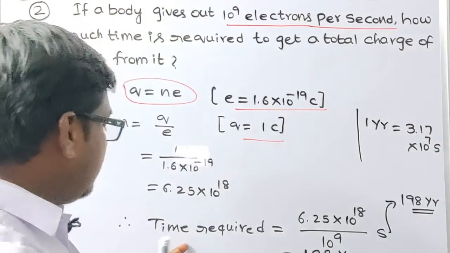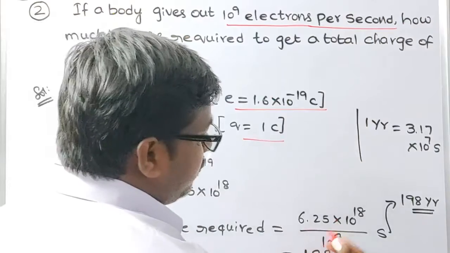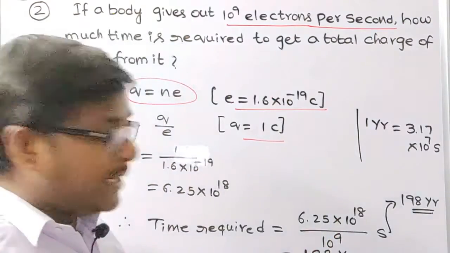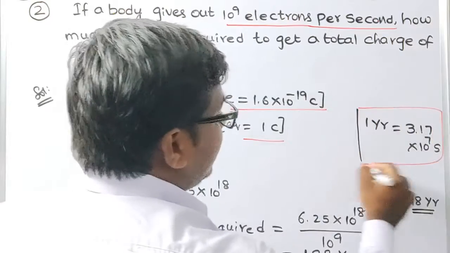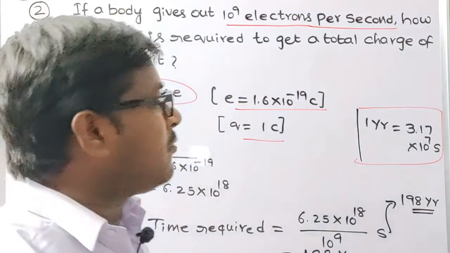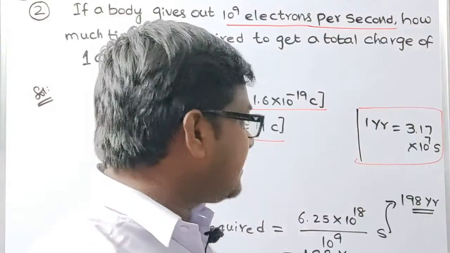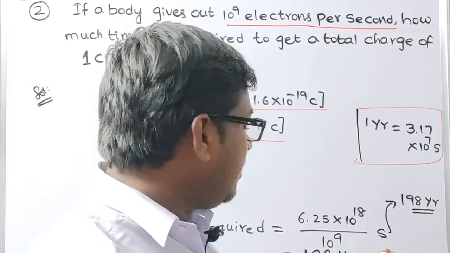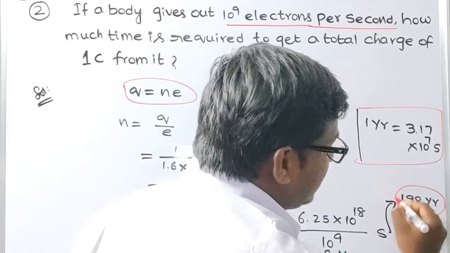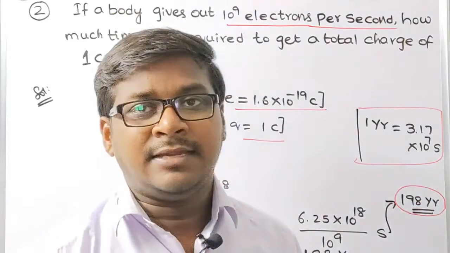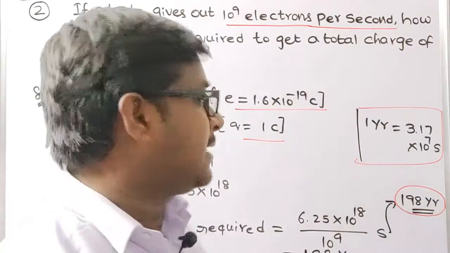The time required is 6.25 into 10 power 18 by 10 power 9. One year is equal to 3.17 into 10 power 7 seconds. Simplifying, the time required is 198 years. This is the answer to the second problem.